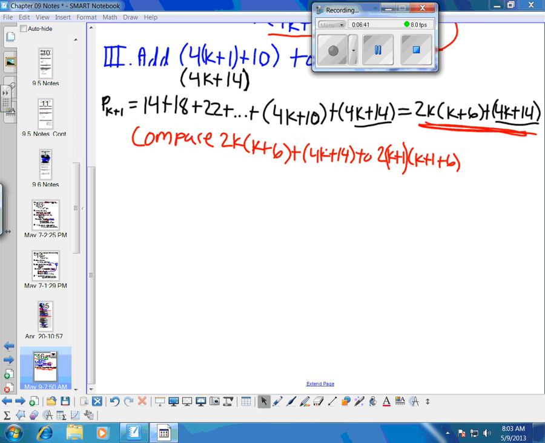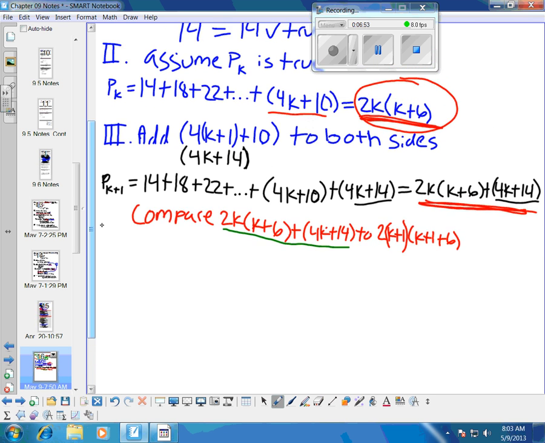So what Bryce just did was show that you're going to compare the right side of the statement you just wrote, P of k plus 1, to the right side of our P of k statement with k plus 1's replacing the k's.